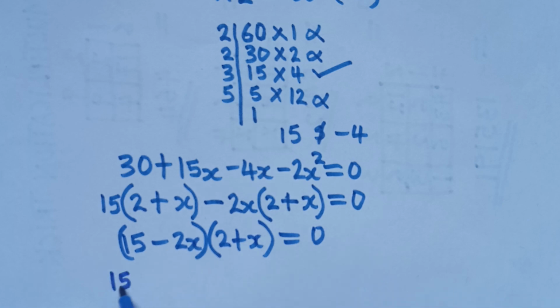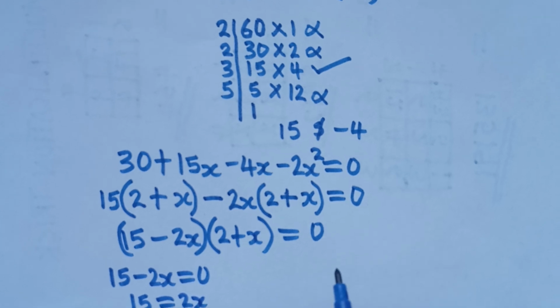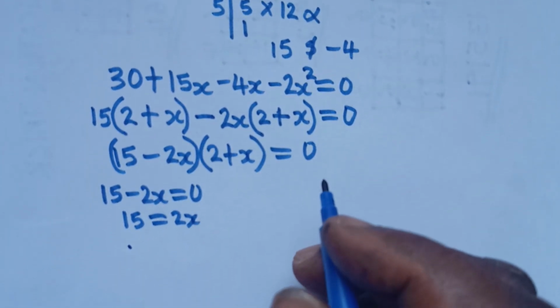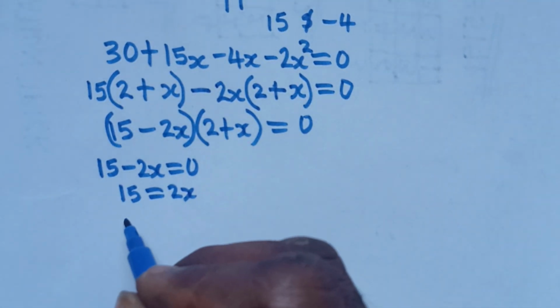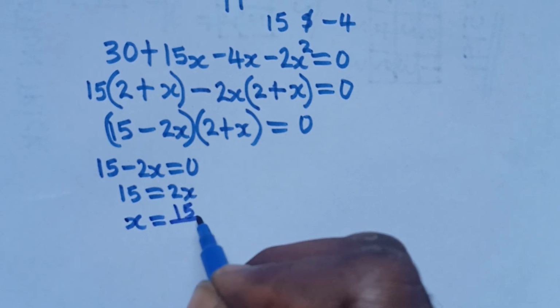So 15 minus 2x, I equate it to 0. And that will give me 15 is equal to 2x. When this minus 2x goes to the other side, it becomes positive 2x. And then by the time I divide both sides by 2, I'll be having my value, which is x is equal to 15 over 2.